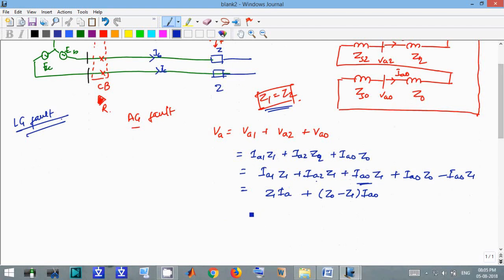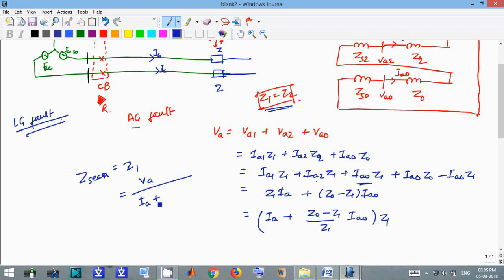Now if we take Z1 common, this will be IA plus Z0 minus Z1 by Z1 times IA0, into Z1. So the apparent impedance Z seen for line to ground fault, exactly our positive sequence impedance, will be VA divided by IA plus Z0 minus Z1 by Z1 into IA0.